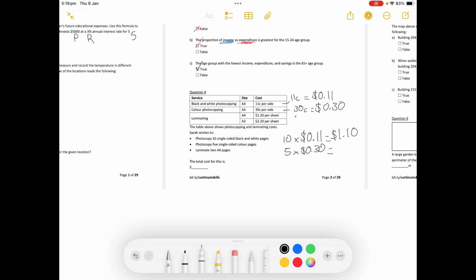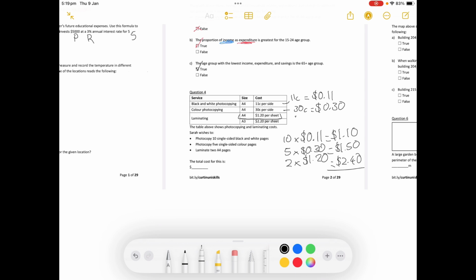And what that gives us is $1.50. And lastly, we're going to laminate 2 A4 pages. Okay, so for this one, there's 2 prices for laminating. And we are going to use this one here because we've got A4 pages. So I've got 2 times $1.20, and that's going to be $2.40.